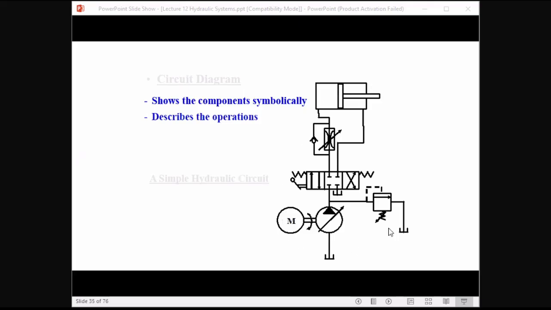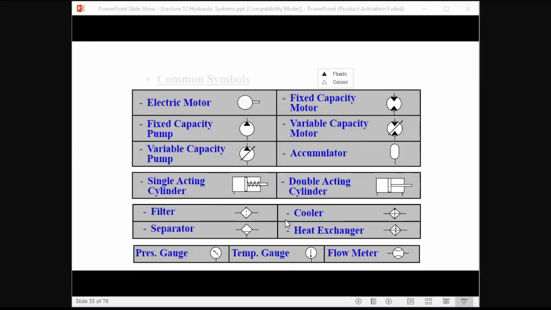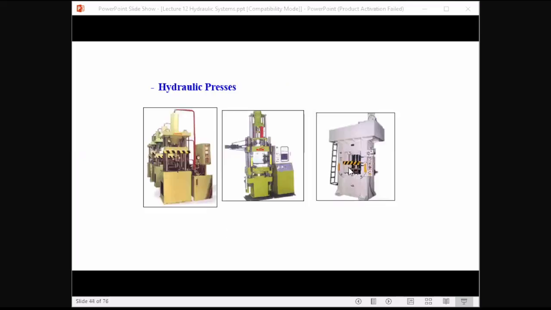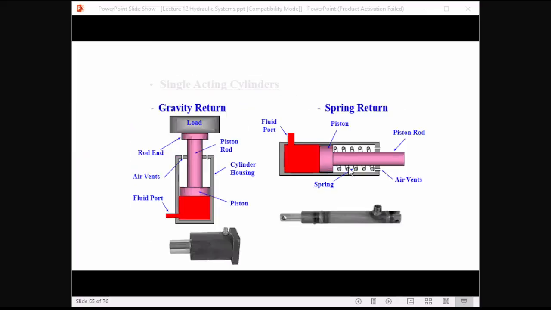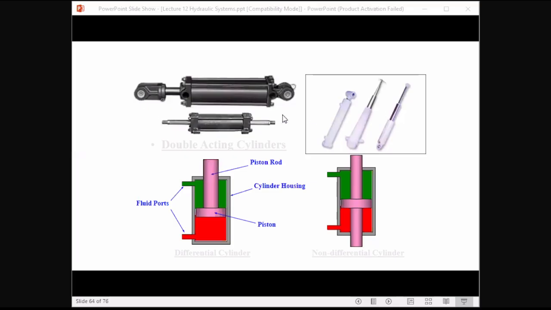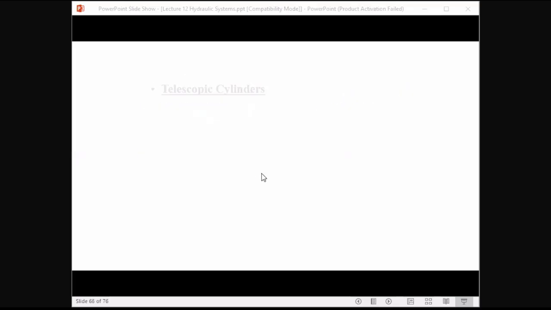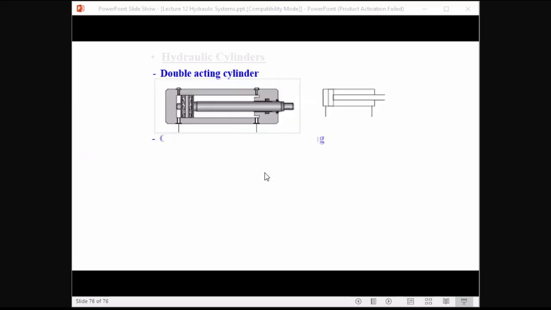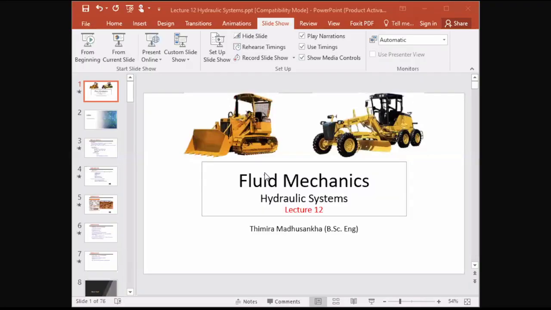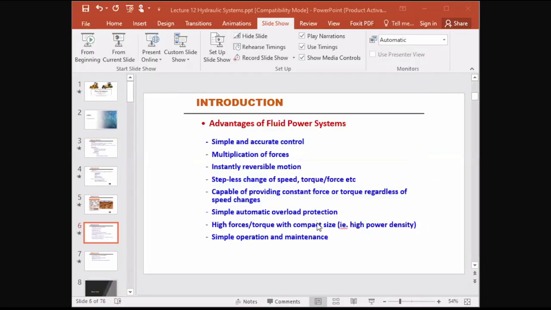Here you can identify the total hydraulic system. Hydraulic and pneumatic, we try to design. These are actuators, pistons.